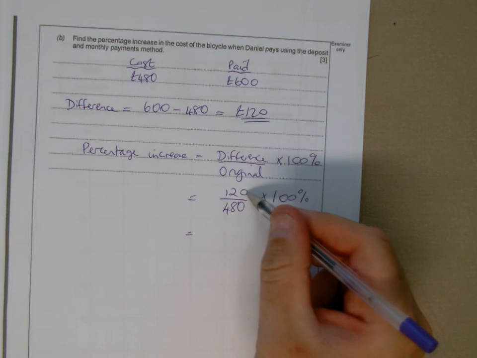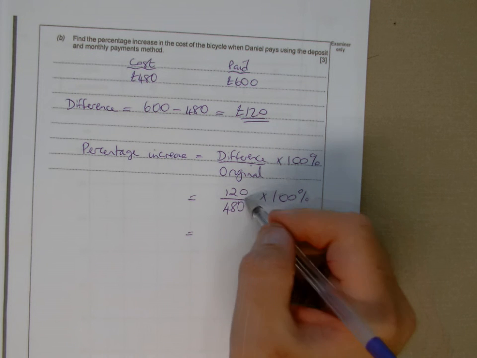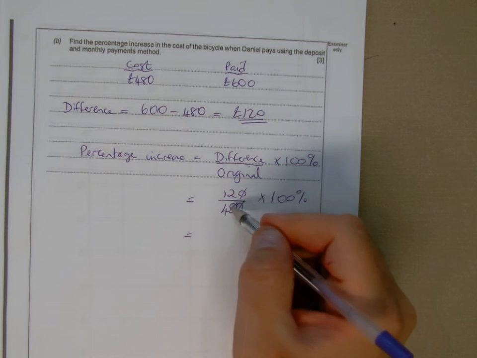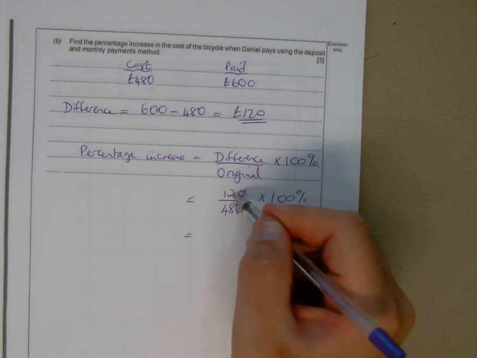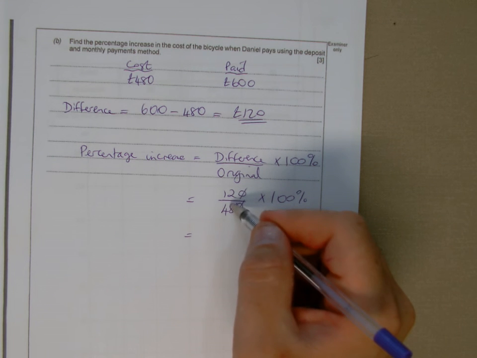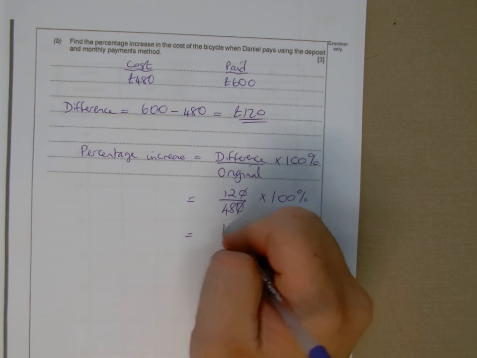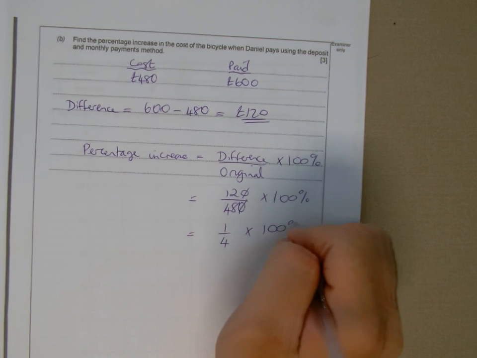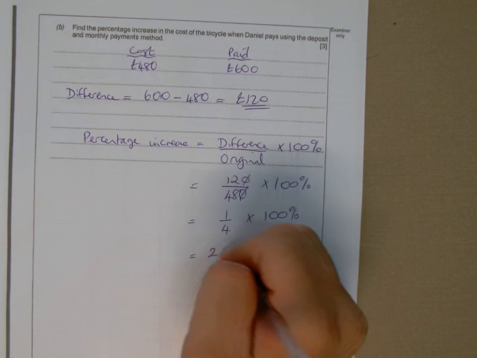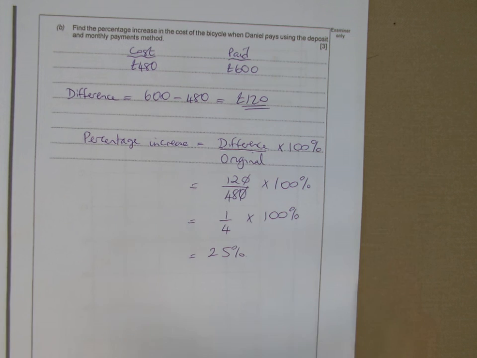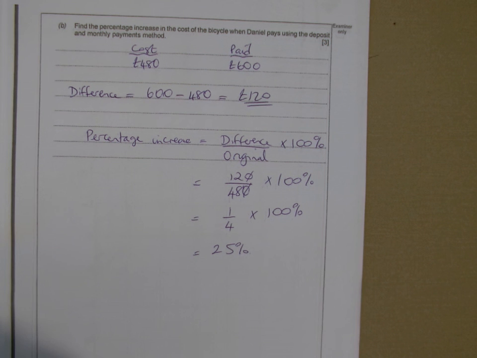Difference divided by the original, well the zeros will cancel and you've got 12 divided by 4, and that will cancel down nicely to a quarter, because 12 goes into 12 once and 12 goes into 48 4 times, so a quarter times 100%, which is 25%. So he paid 25% more because of this approach. So that was the percentage increase.